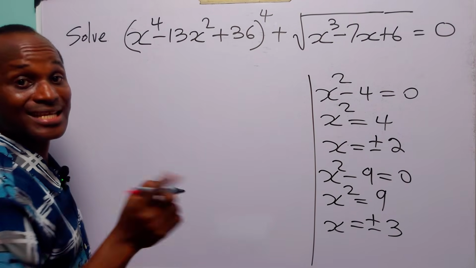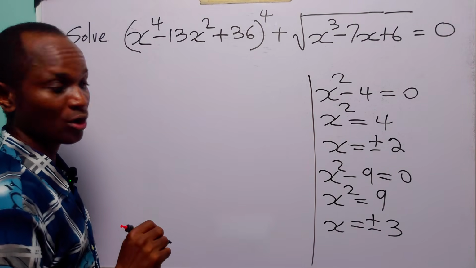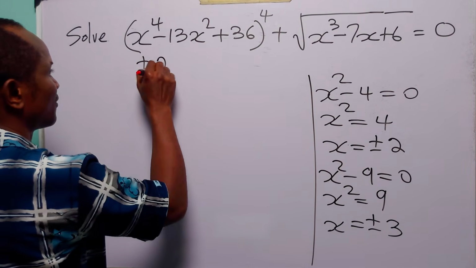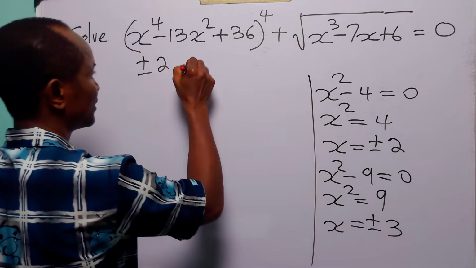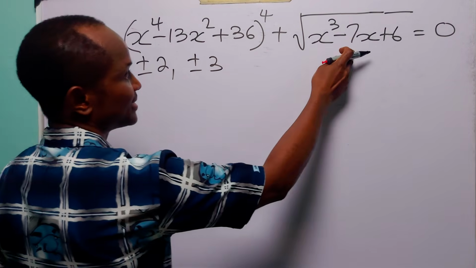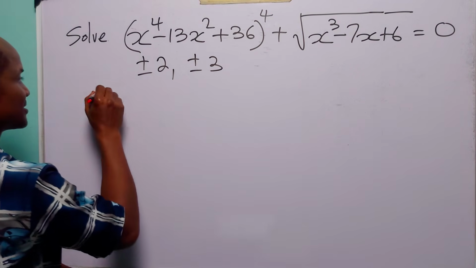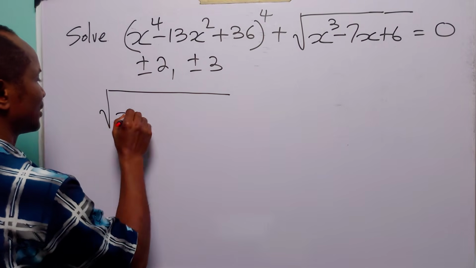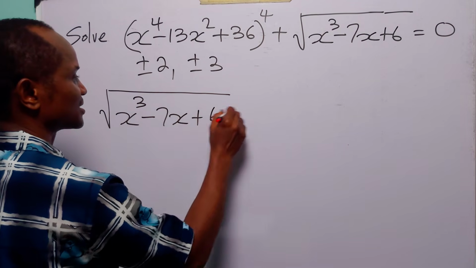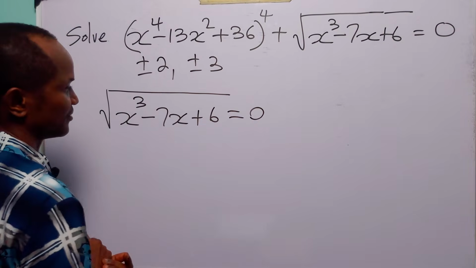So when this is equal to 0, we have 4 values. We have plus or minus 2 and plus or minus 3. And in this case, we have that the square root of x cubed minus 7x plus 6 is equal to 0.